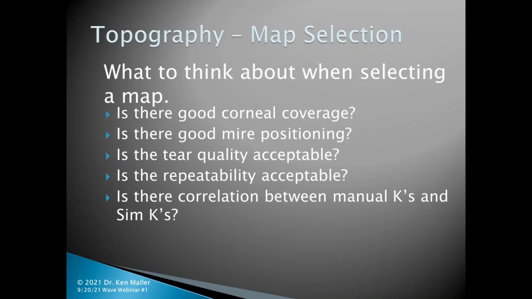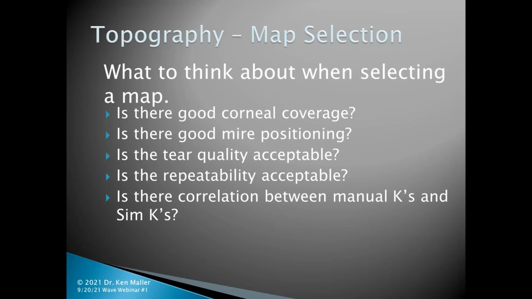And for the newer people who are out there, I highly recommend getting manual keratometry done in addition to the topography. The manual keratometer and the simulated Ks on the topographer should be in agreement within a quarter diopter. So, for example, if you're measuring a 44 by 44.50 cornea on the manual keratometer, and your sim Ks are showing 47 by 47.50, you have a problem.